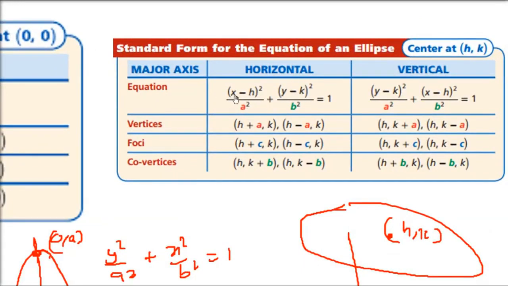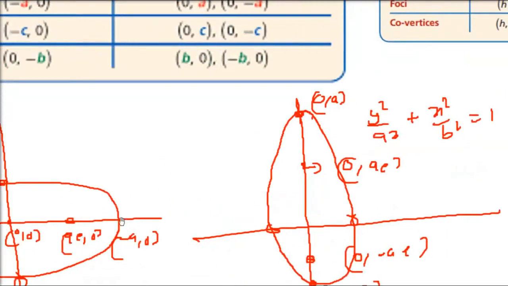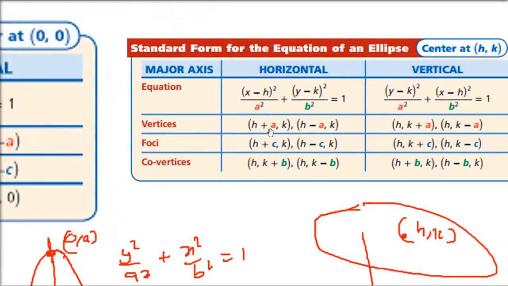So if you have h and k, we write x minus h whole square and y minus k whole square, the same thing, where x and y become x minus h and y minus k. So when we are talking about horizontal, the things will change on the x-axis. So the vertices will be h plus a, the foci will be h plus c, the second vertex will be h minus a, the second focus will be h minus c. So you are adding and subtracting on the x-axis.